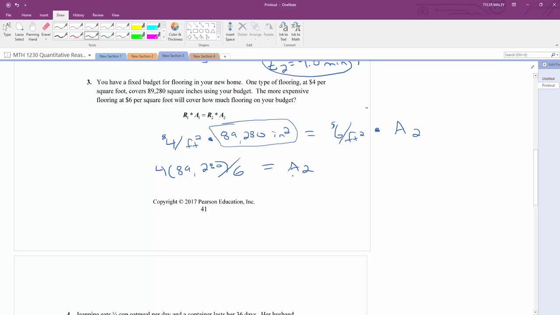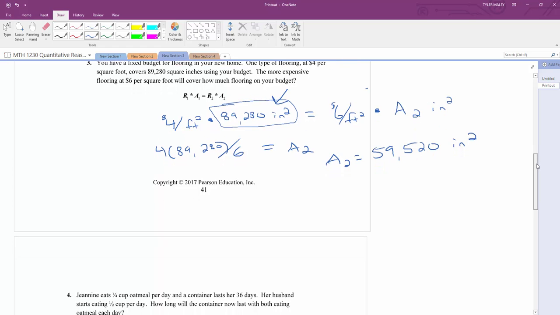So if you do that, you should get 59,520. And the unit for this would be square inches, because the area on this side is in square inches.